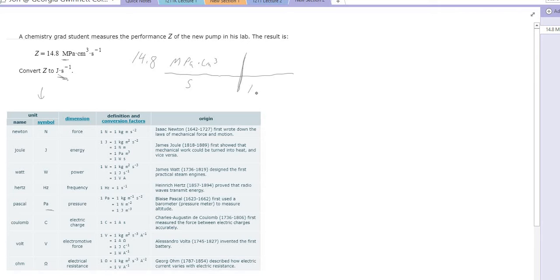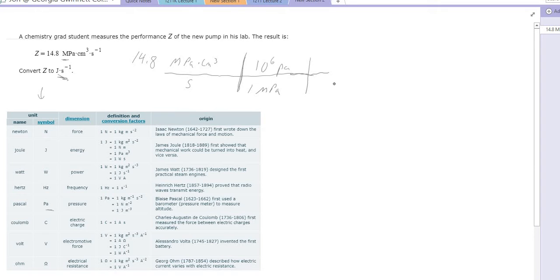And so I know that in 1 megapascal, there are going to be 10 to the 6th pascals. You have to know that a mega means 10 to the 6th, and there are charts that you can refer to if you don't have that at the tip of your brain. Now, on a test, I don't expect you to know that. I just expect you to either ask me or likely I will give that to you.